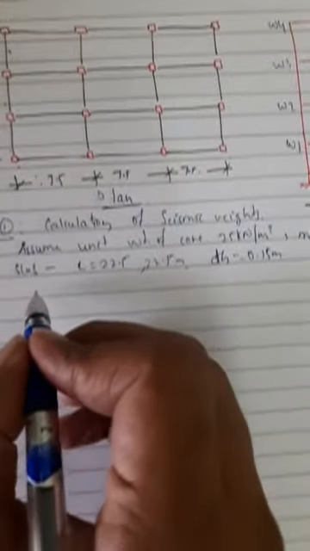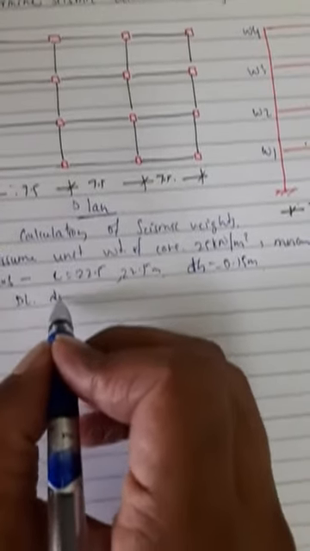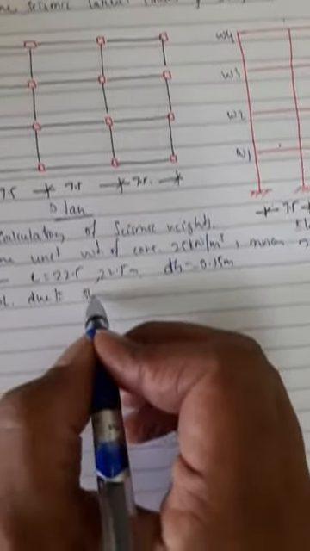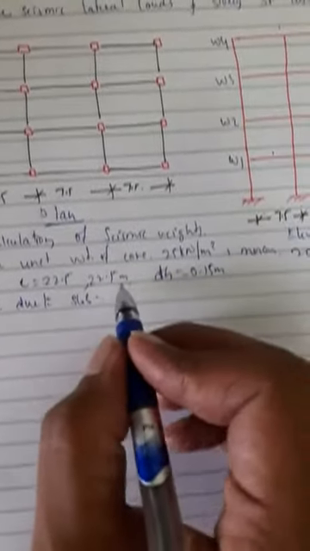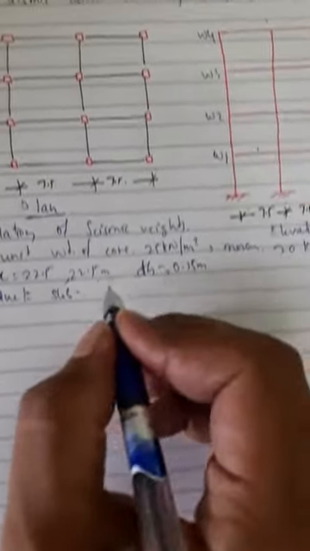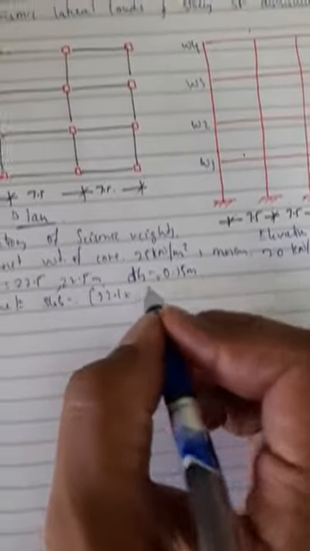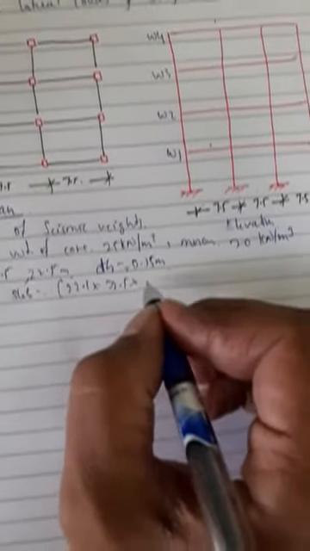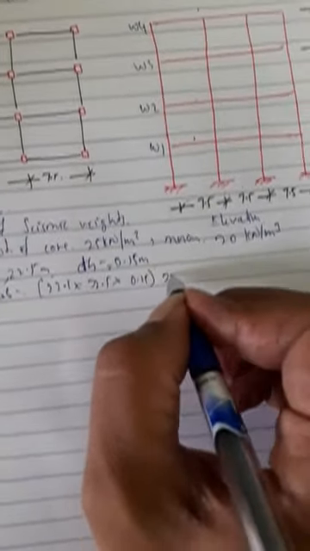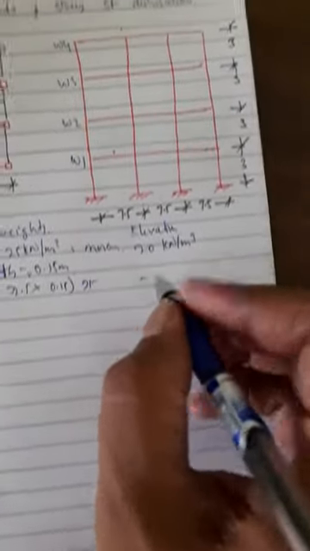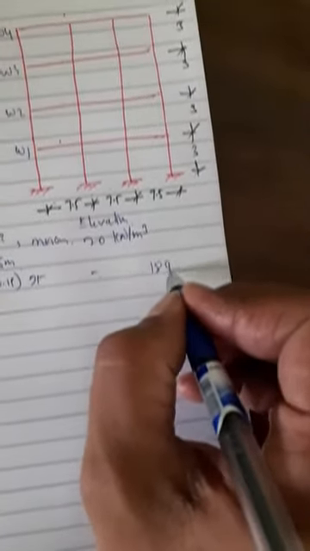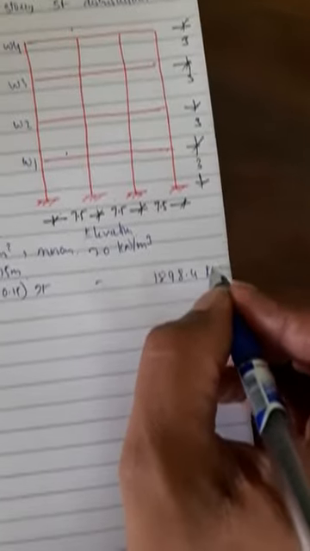Next, dead load due to slab is L into B into D into unit weight. So 22.5 into 22.5 into 0.15 into 25. You get the value 1898.4 kilonewtons.